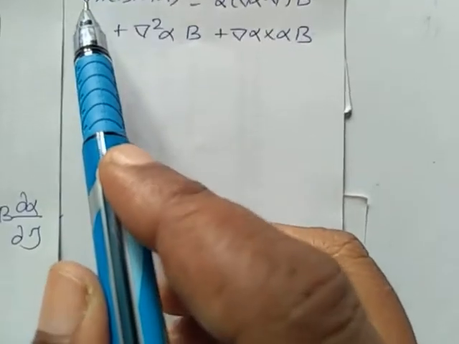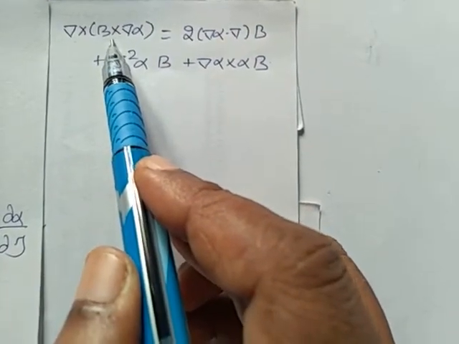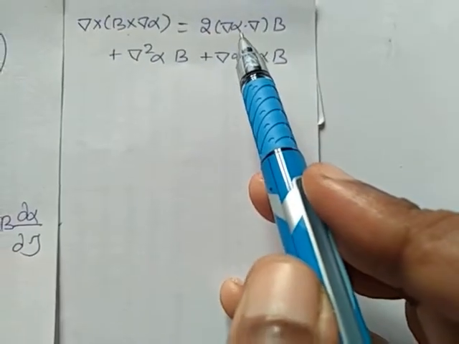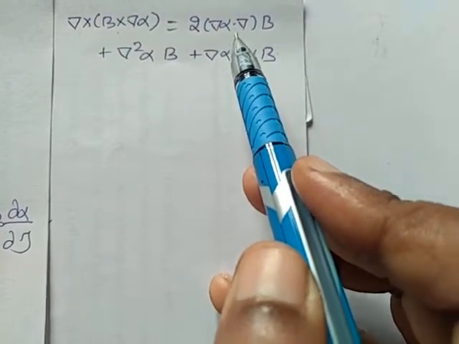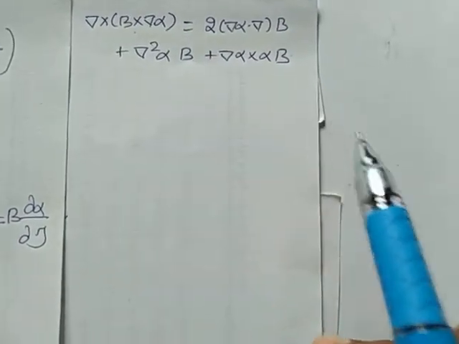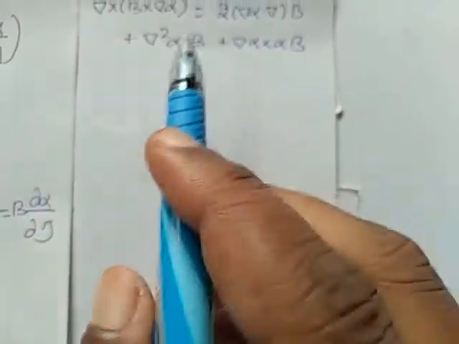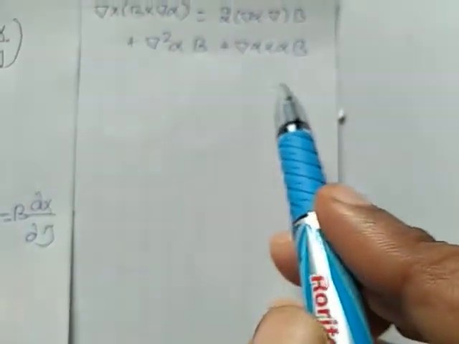One term becomes 0. Curl of B cross del alpha is equal to 2 of del alpha dot del B into B, this one. I have just written the terms except the 0 terms. So here we have to simplify this.